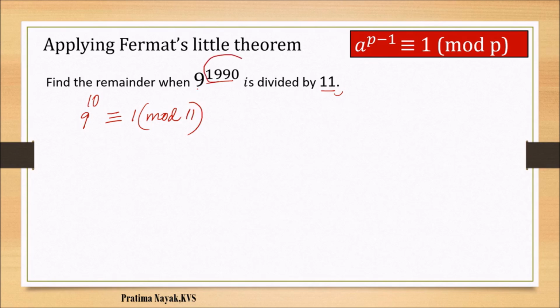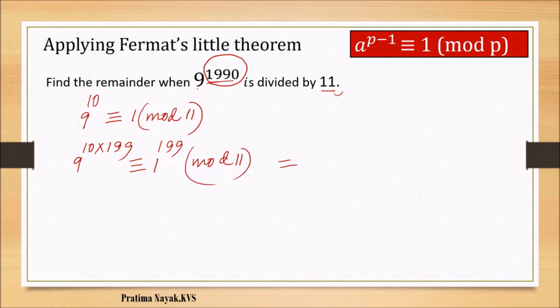So we'll now write 1990 in terms of 10. This will be 10 into 199. So this is congruent to 1 raised to the power 199 modulo 11. It will be 1 modulo 11. So 1 is the remainder.